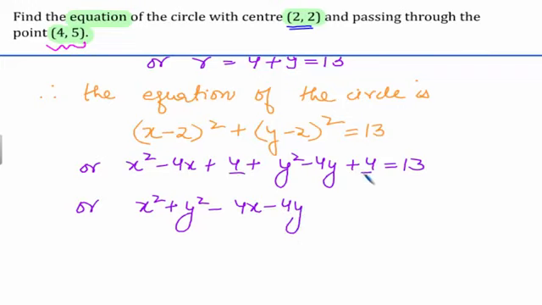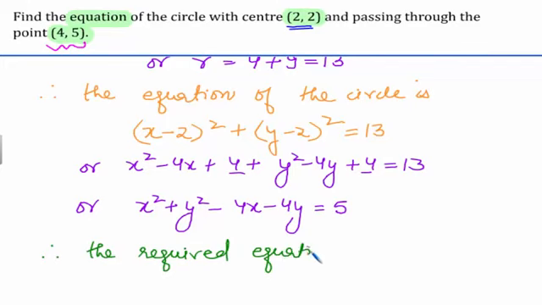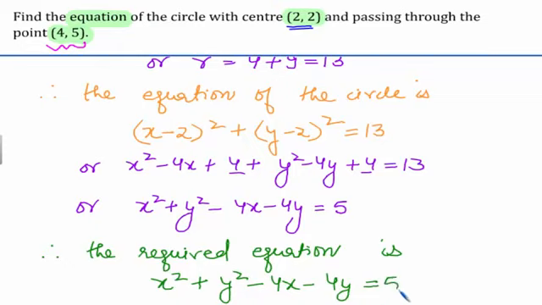Now 4 plus 4 is 8, and 13 minus 8 is 5. Therefore, the required equation of the circle is x square plus y square minus 4x minus 4y is equal to 5. This completes the solution.